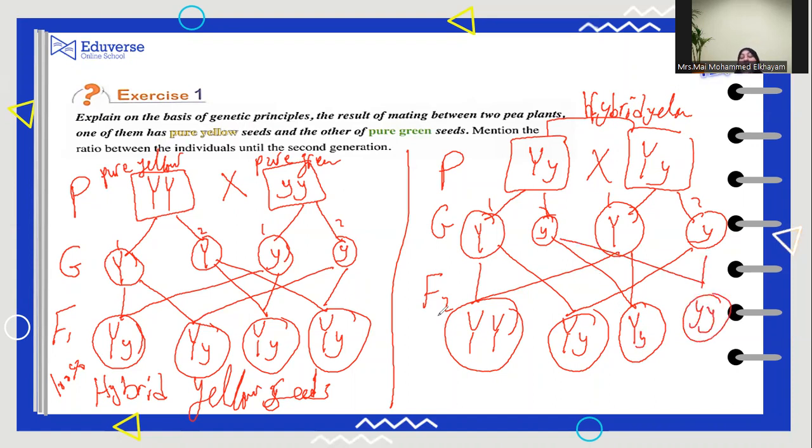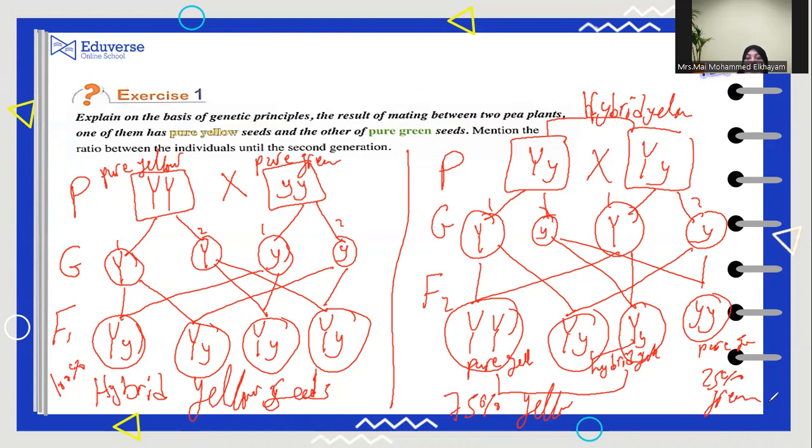If we analyze each one of them, this is pure yellow. These two are hybrid yellow. This one is pure green. But as a ratio or percentage, 75% yellow. You can see them, all of them yellow. And here 25% green. Okay, let's go.